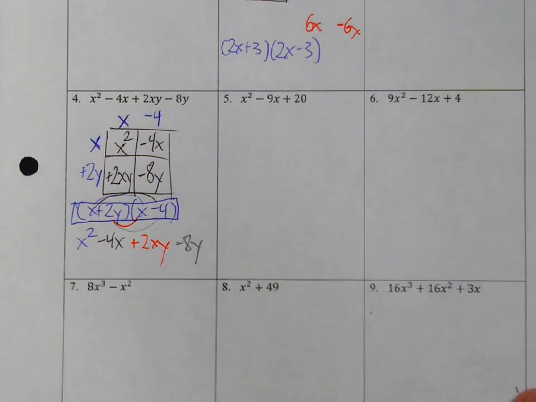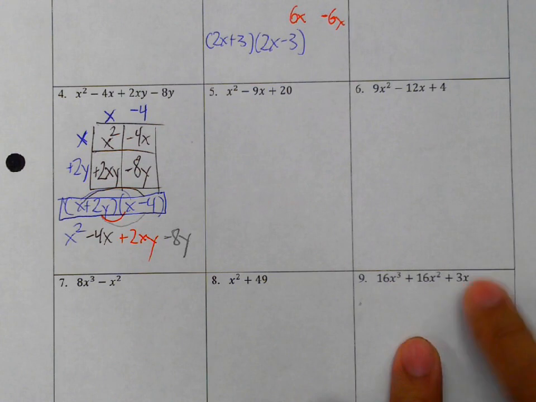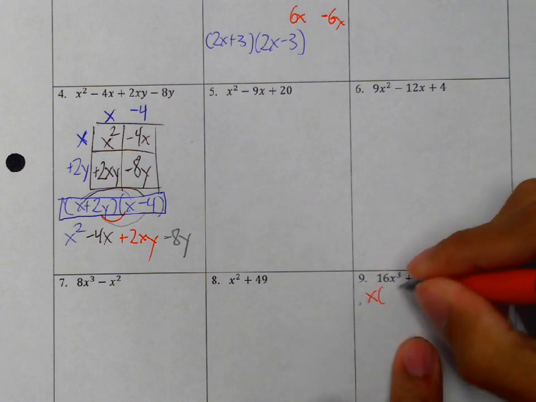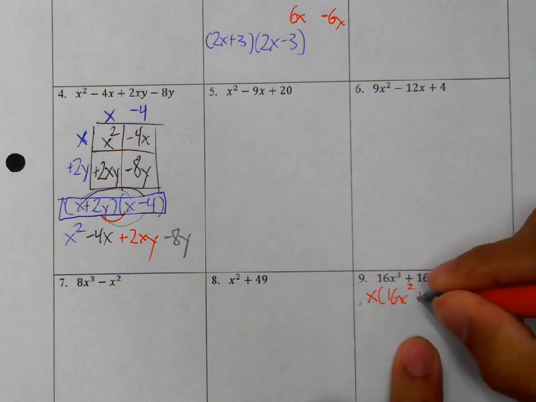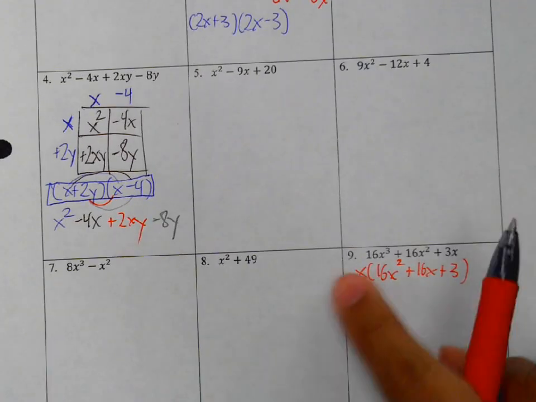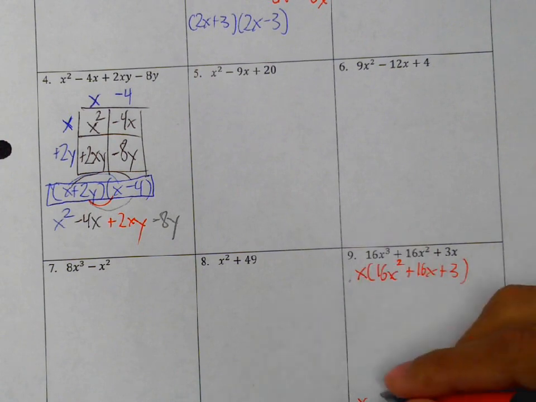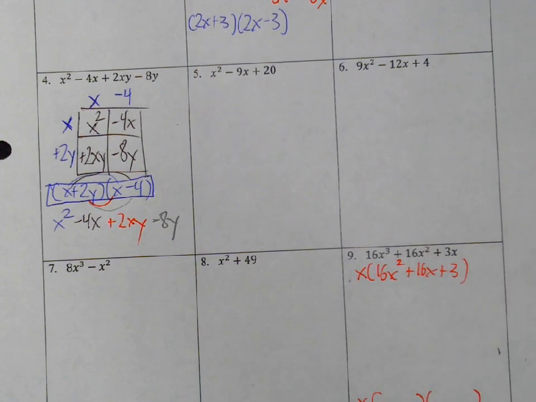Over on problem 9, we first want to factor by GCF. So all 3 terms have an x in them, so we can take that out. Okay, so again, our final answer, you don't want to forget about that, but if factorable, it will then look like this.